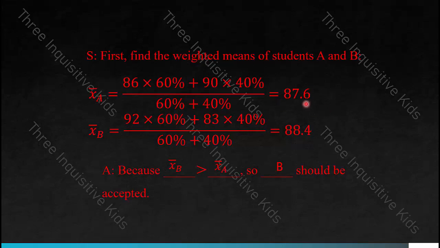So we have 87.6. Because 88.4, which is the weighted average of B's score, was higher than the weighted average of A's scores, B should be accepted into the school.